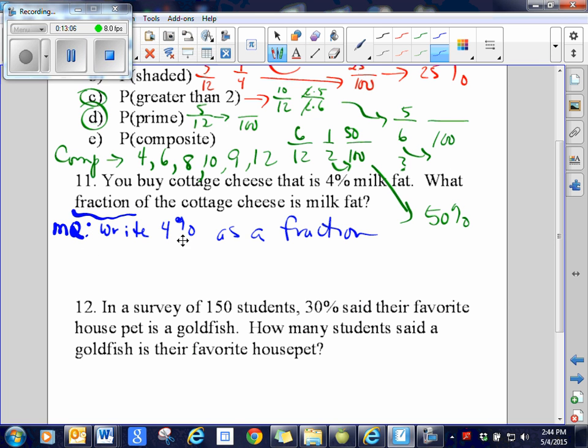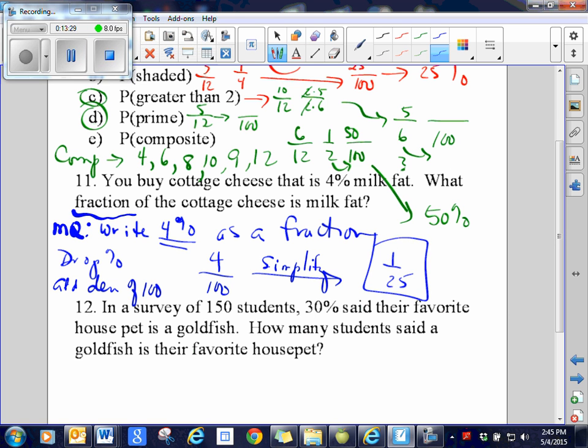To write a percentage as a fraction, drop the percent sign. There it is, dropped. Add a denominator of 100. There it is. And finally, simplify to 1/25.